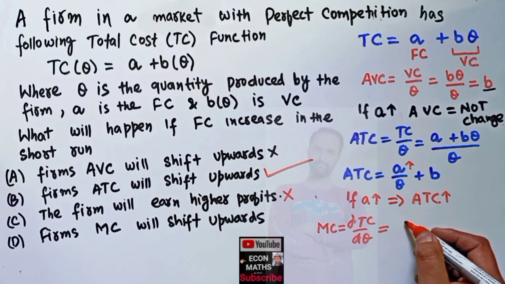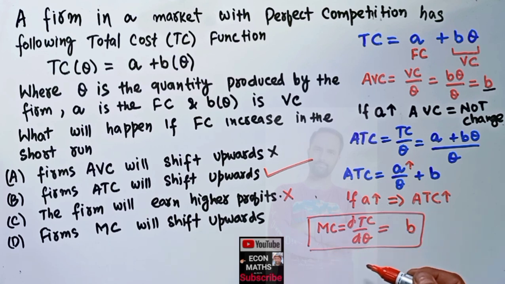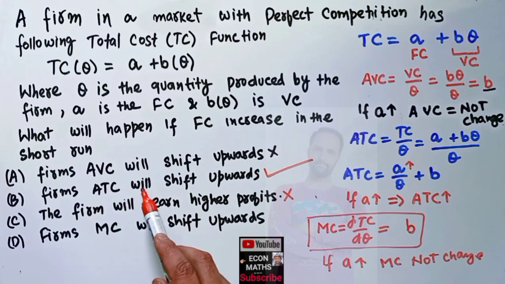Marginal cost is then the derivative of BQ, which is B. Marginal cost has no relationship with fixed cost. If fixed cost increases, marginal cost will not change. So I guess the correct option should be: firm's average total cost will shift upwards.